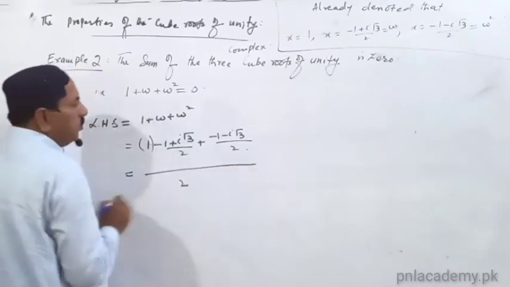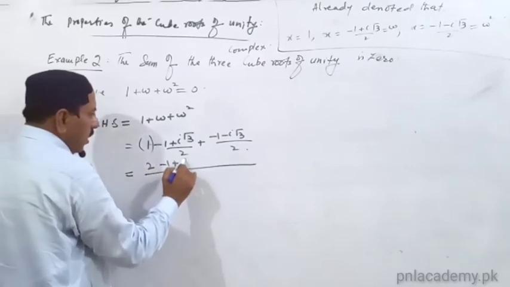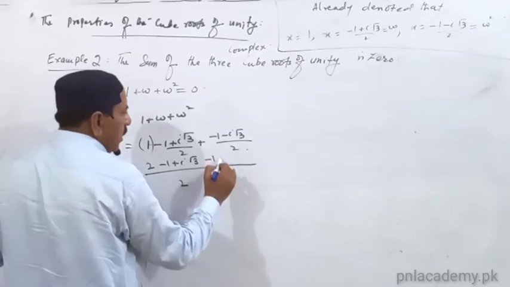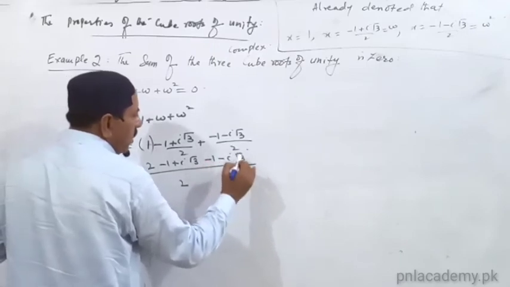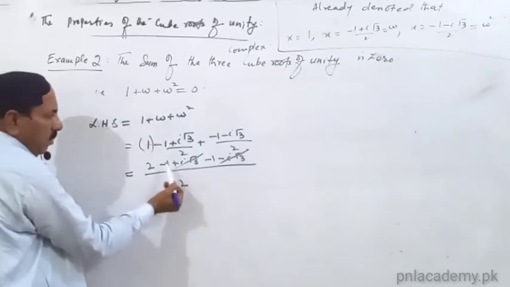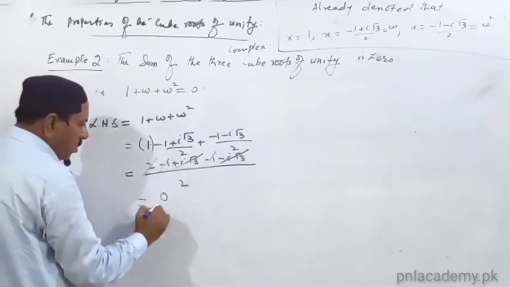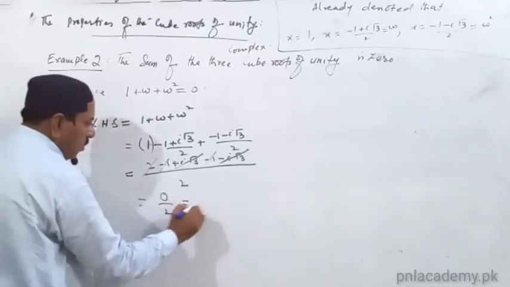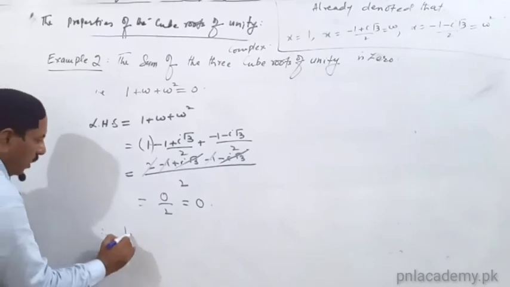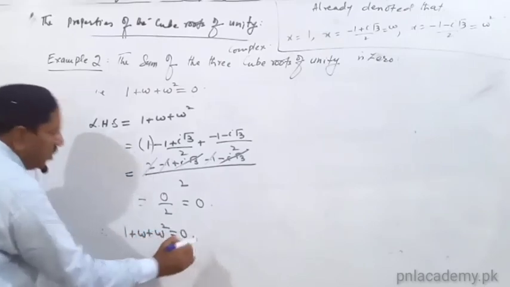LCM is 2. So 2 plus minus 1 plus iota radical 3 plus minus 1 minus iota radical 3. Then iota radical 3 and minus iota radical 3 cancel, minus 1 minus 1 plus 2 also cancels, which will be 0 upon 2, meaning 0. So therefore we have the value 1 plus omega plus omega square is equal to 0.